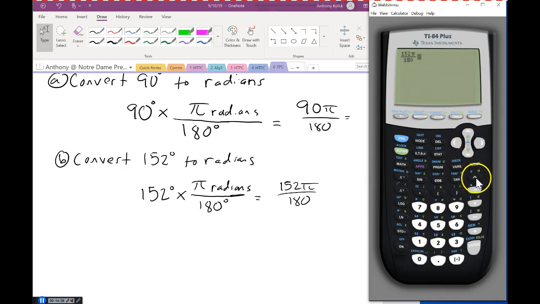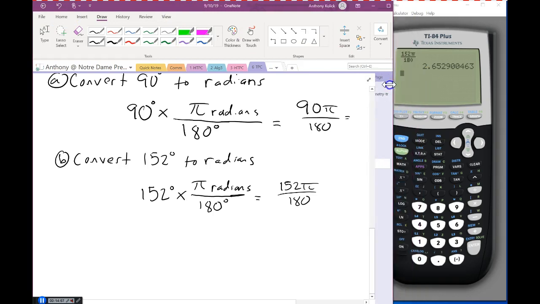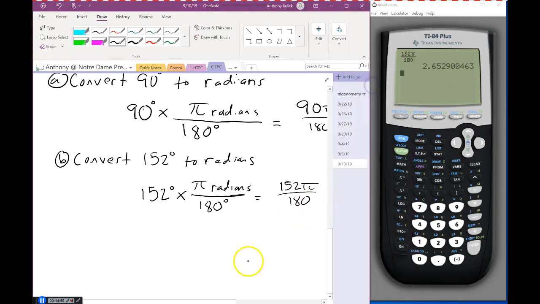To get the pi button, you press second and then the exponent button underneath the clear. So I can say that 152 degrees is approximately 6.53, say, radians.